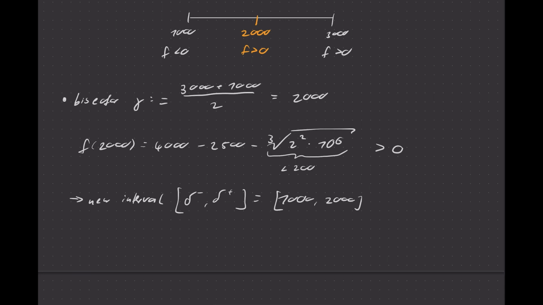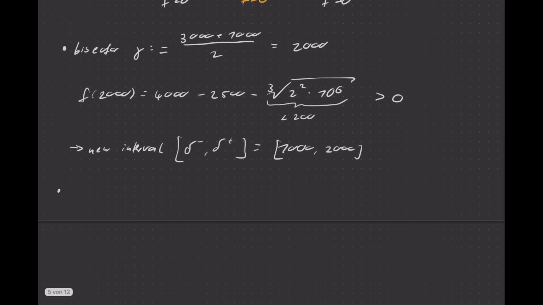And again, we compute the bisector. I'll just give you this last step here. The bisector gamma is now, well, 2000 plus 1000 divided by 2, that's 1500.